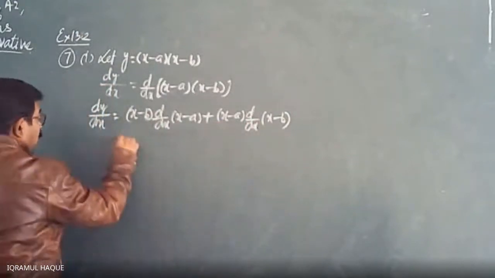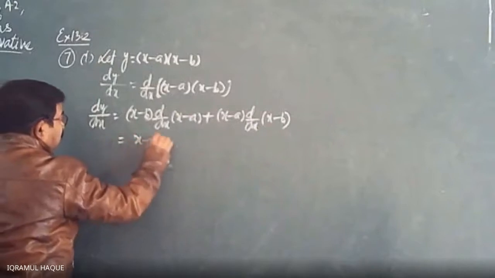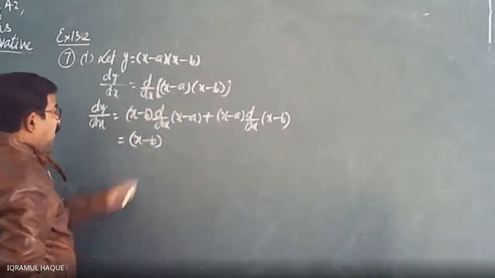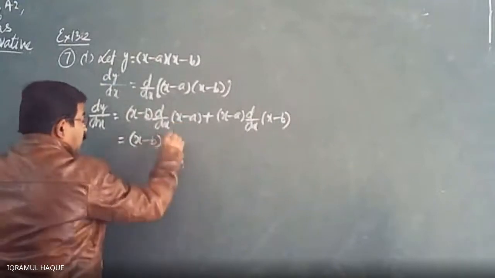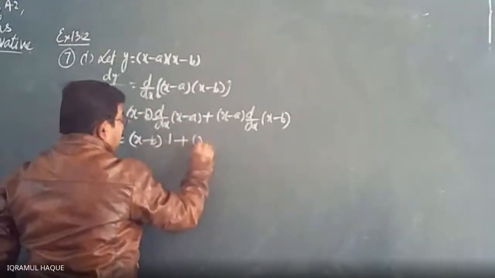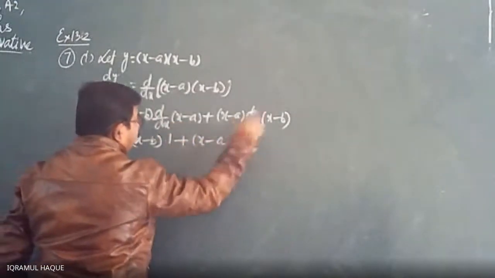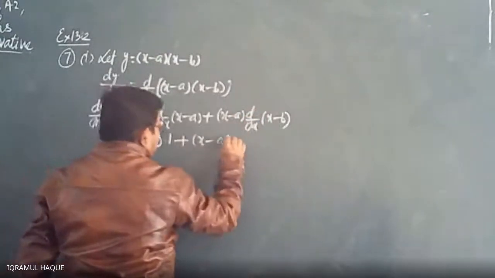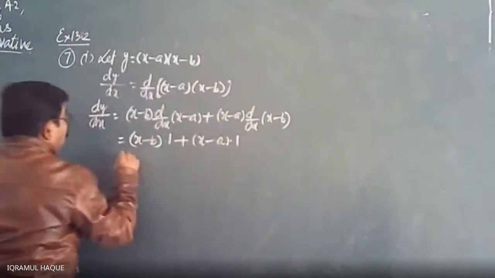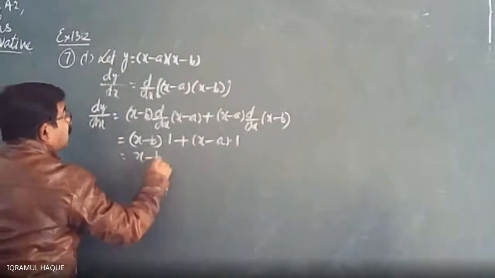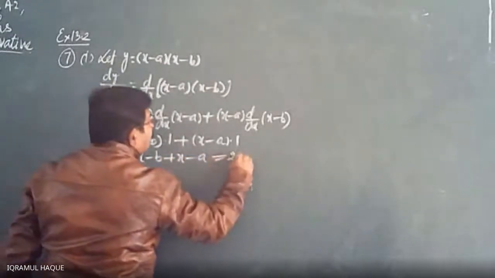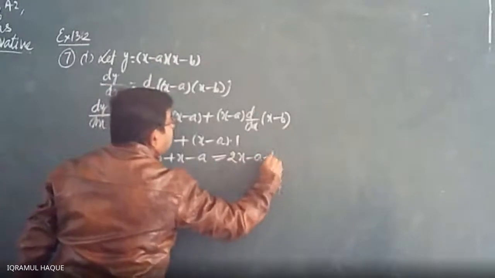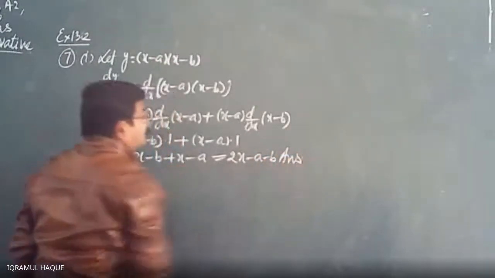So we have x minus b, and this becomes 1 because the derivative of x is 1 and of a is 0. So this becomes 1, plus x minus a into 1. So we have x minus b plus x minus a. Result is 2x minus a minus b is the answer.